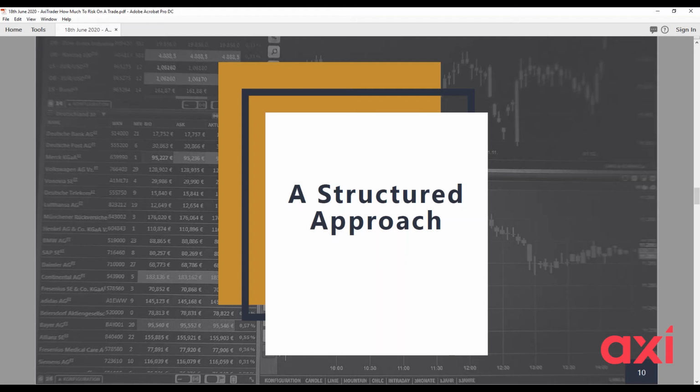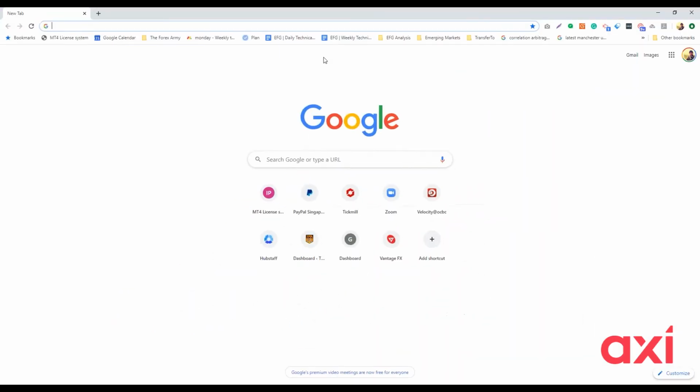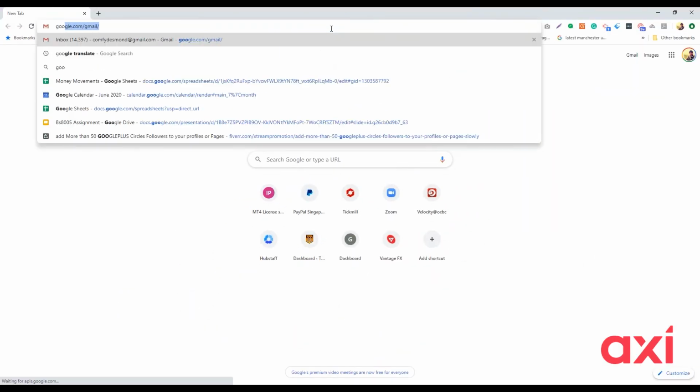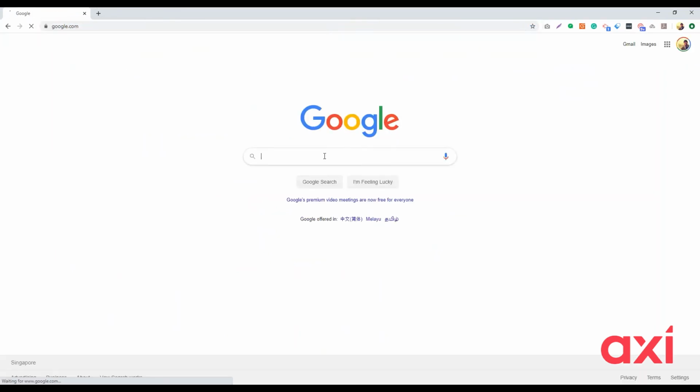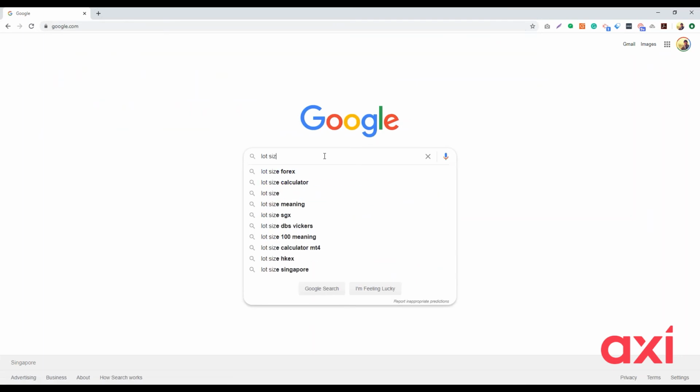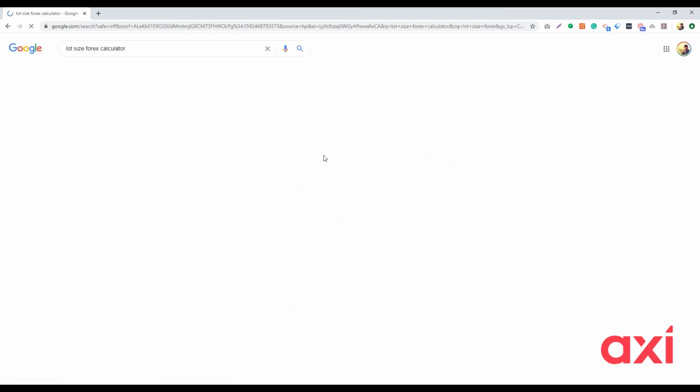All right, so we have a question from Mubi asking how to manually compute how many pips to risk. What I showed you earlier was the trade manager, but if we really want to compute, we will go to our good friend google.com, and I would type something like lot size forex calculator.